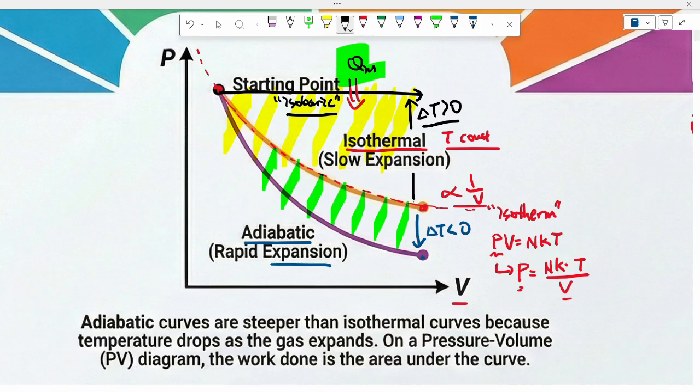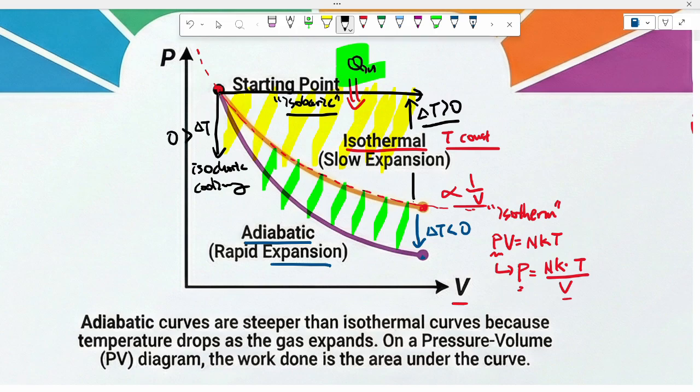Isochoric processes, on this diagram, are going to look super boring. For an isochoric process, if it's isochoric cooling, it would go down like this. This would be isochoric cooling, which involves heat being transferred out, so temperature dropping.